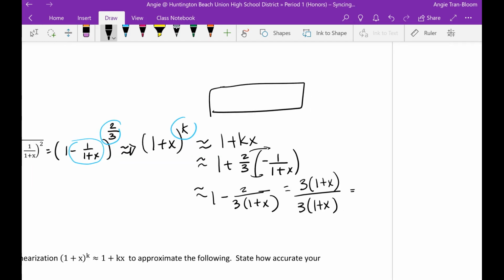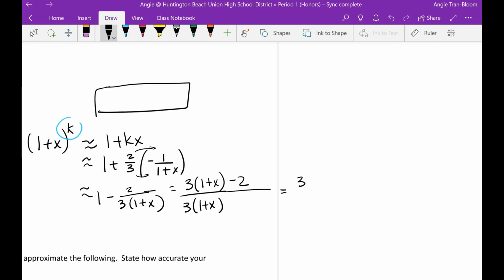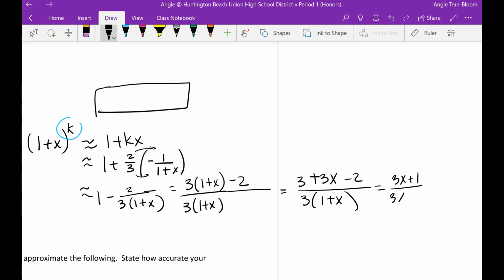Then this will lead me to minus 2 on the top. That's 3 plus 3x minus 2 all over 3 times 1 plus x. Then that will lead me to 3x plus 1 all over 3x plus 3.